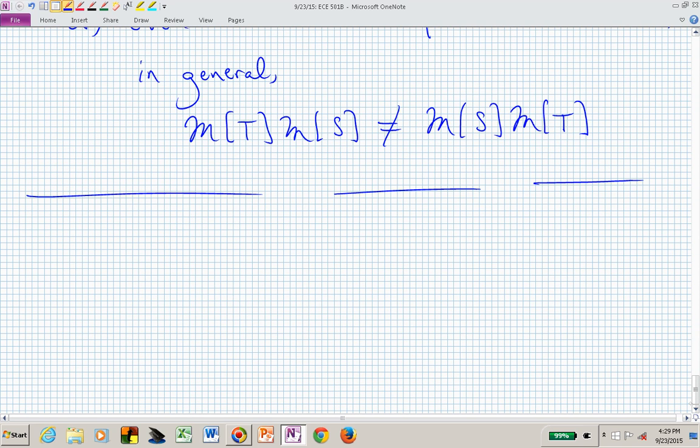So we have actually a proposition that tells us that what we've been talking about still works when we have a matrix vector product.